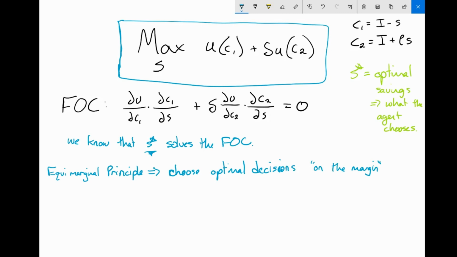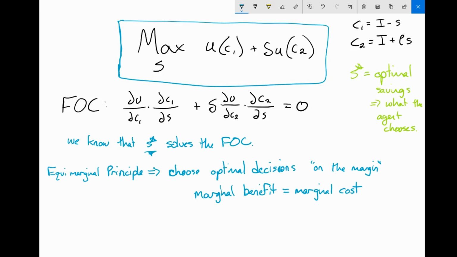That means they're making decisions about marginal units, and they make the decision such that the marginal benefit of a possible decision equals the marginal cost. All right, so they make decisions such that the marginal benefit will equal the marginal cost.